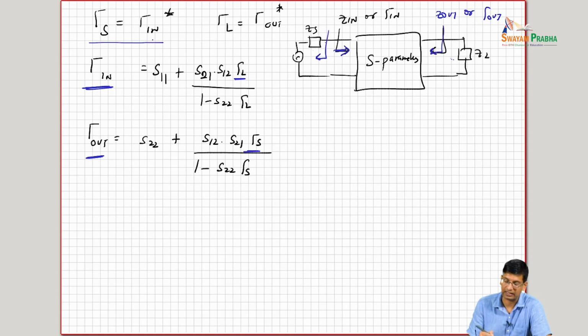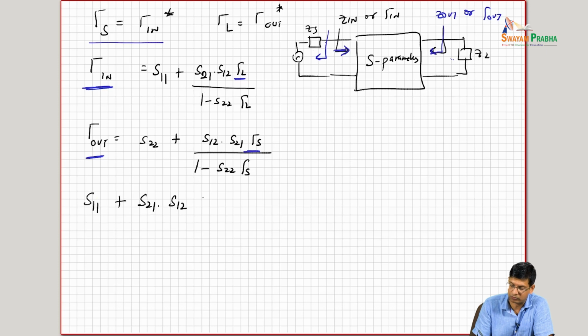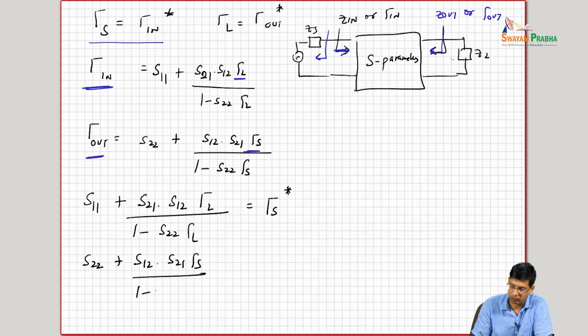So we are basically now saying that to expand on that equation, we want S11 plus S21 S12 gamma L divided by 1 minus S22 gamma L to be equal to gamma in, but we want gamma in to be gamma S conjugate. So this is gamma S conjugate. And we need S22 plus S12 times S21 gamma S by 1 minus S22 gamma S to be equal to gamma out.